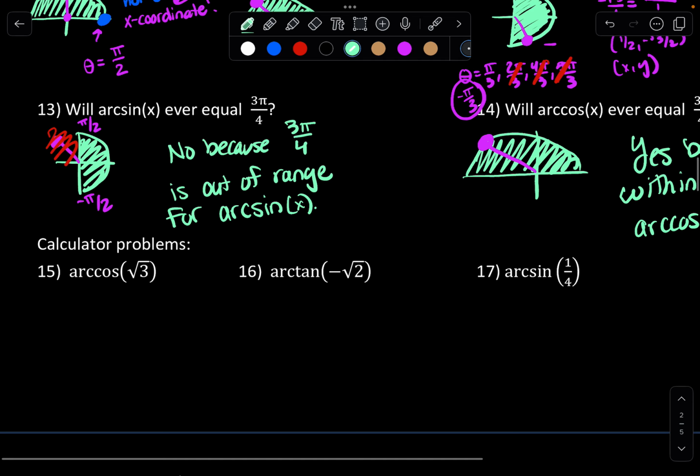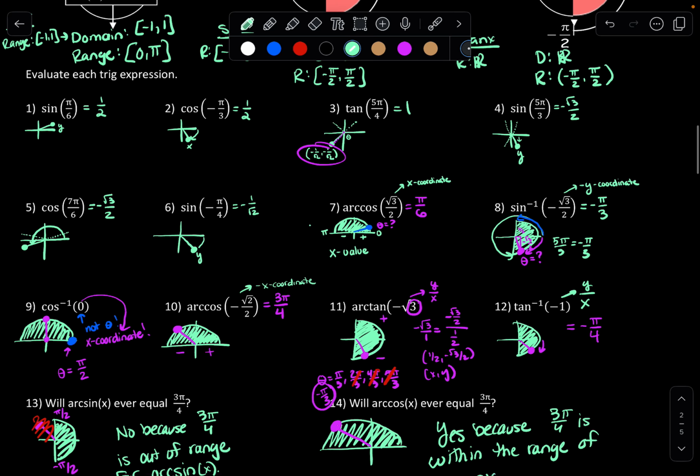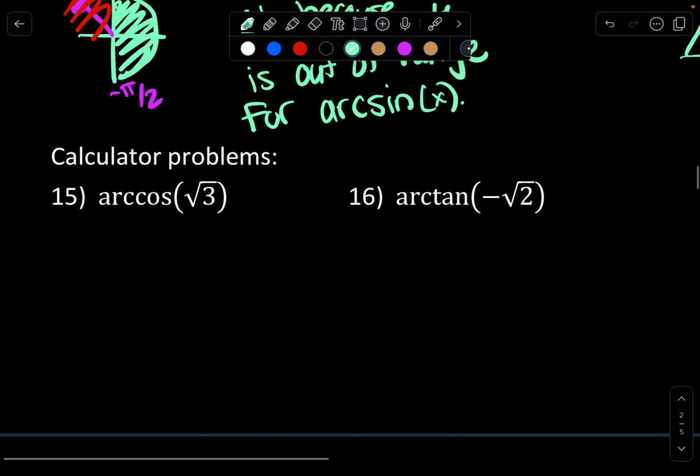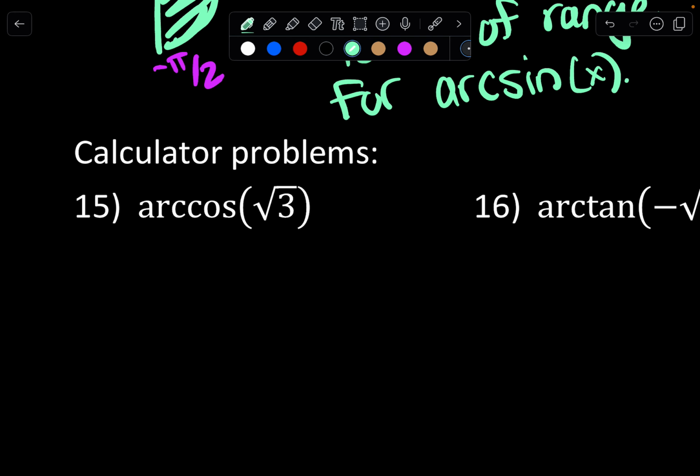And then we also have a couple problems here at the bottom. So throughout this unit, not all of your evaluations will have a coordinate that is standard on the unit circle like all of these did. They could be something that's not on there, but that doesn't mean we cannot evaluate it. So we have arc cosine of root 3. That root 3 is deceiving.